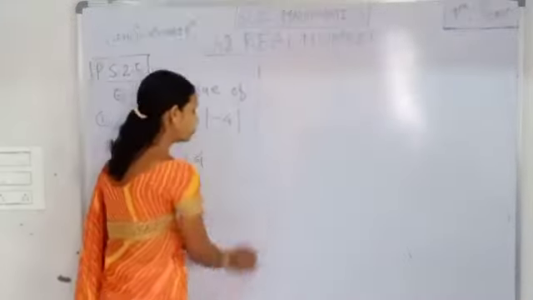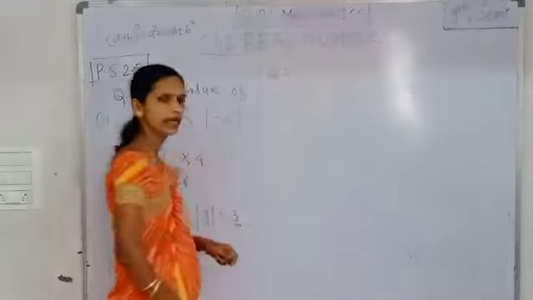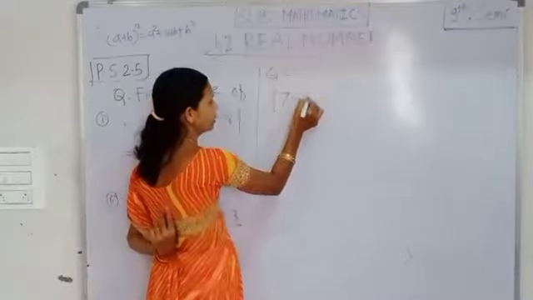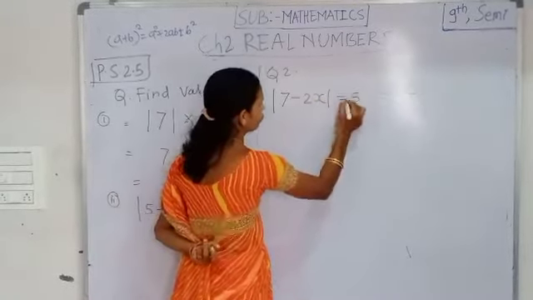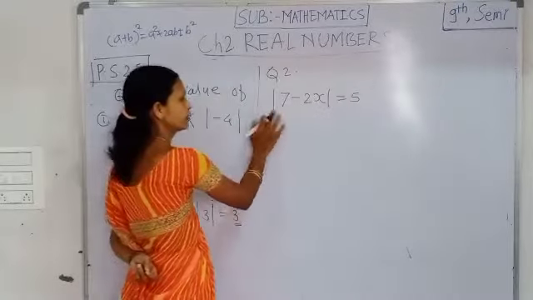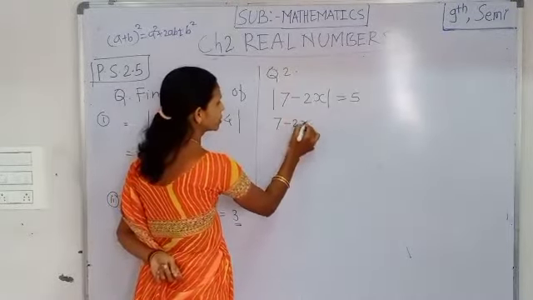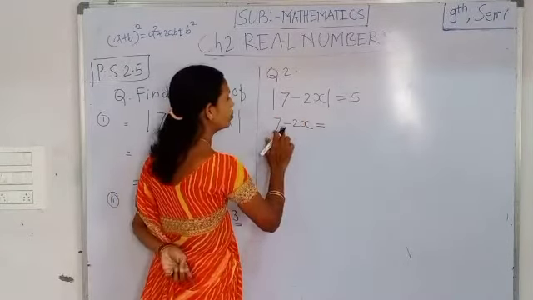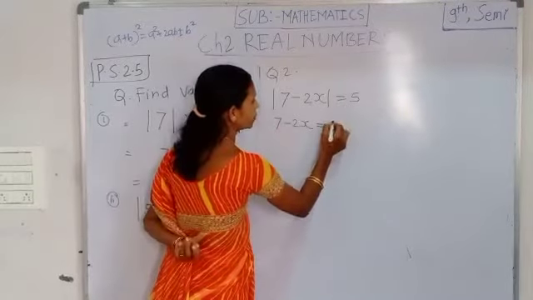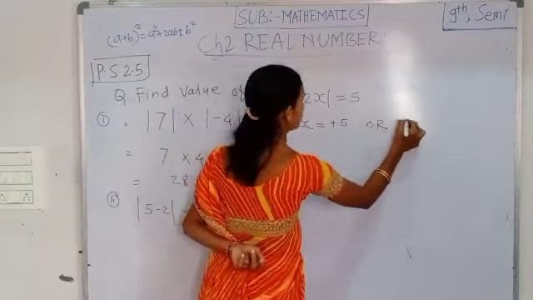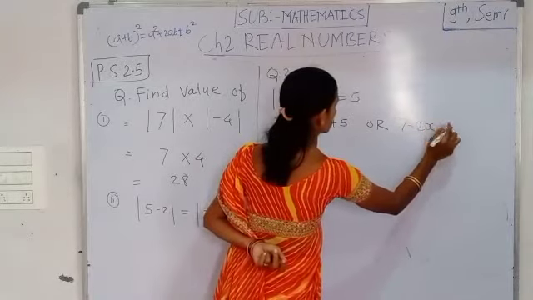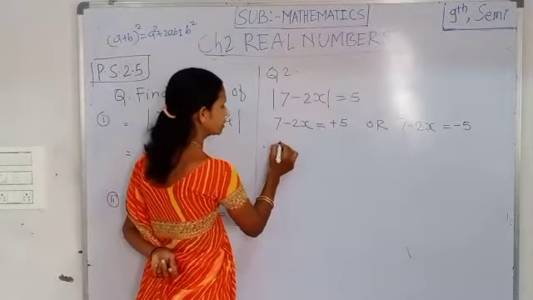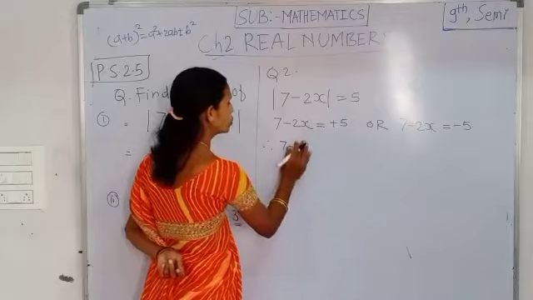Then in question number 2, a few more examples are given. Absolute value of 7 minus 2x is equal to 5. Then we have to solve this. 7 minus 2x is an expression, so we get 7 minus 2x is equal to plus 5, or 7 minus 2x is equal to minus 5. Therefore, we have to solve this. 7 minus 2x is equal to 5.